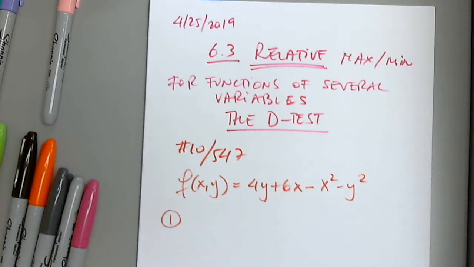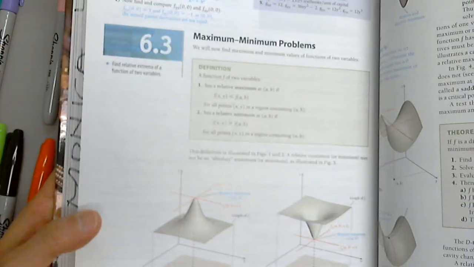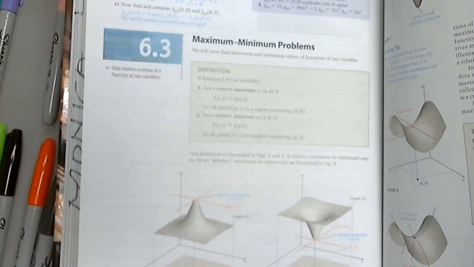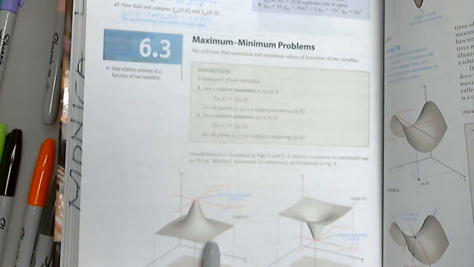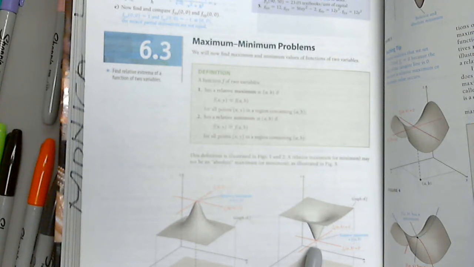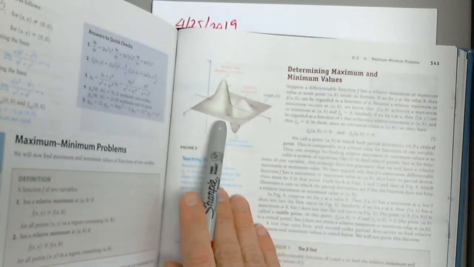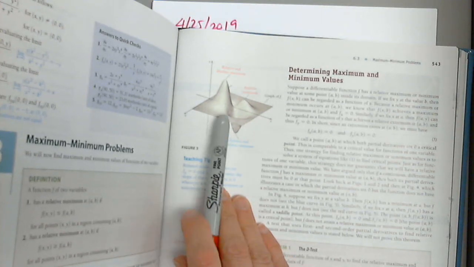Before we do that, I just want to show that functions of two variables are surfaces. So this is an example with a function of a and b, or a function of x, and this function has a maximum. This function has a minimum. This function has more than one relative max.